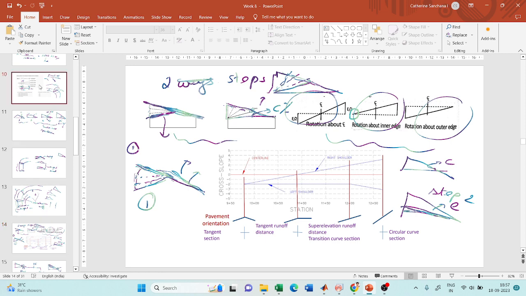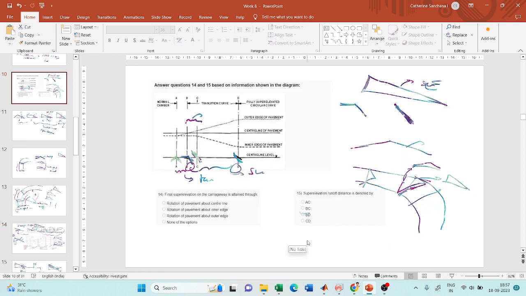Now, if we go and see the question: final super elevation on the carriageway is achieved through what? Rotation of pavement about center line, rotation of pavement about outer edge, rotation of pavement about inner edge, or none of the options. This is pertaining to this question. They've asked how this has been achieved.